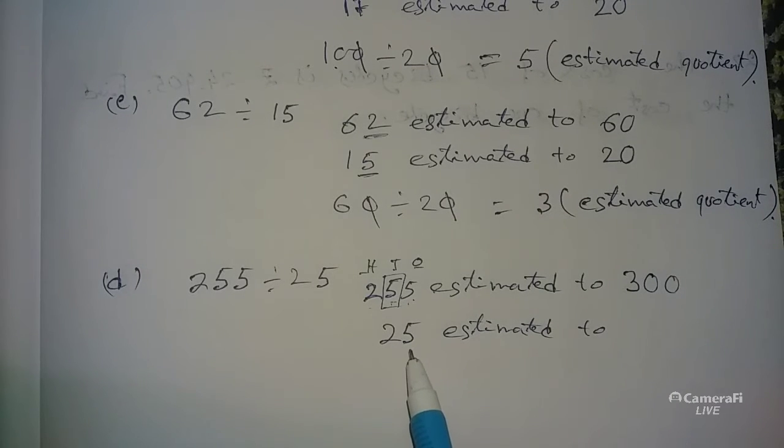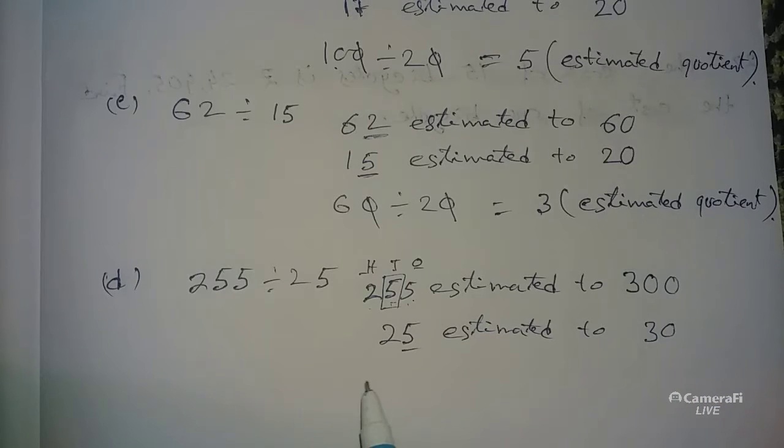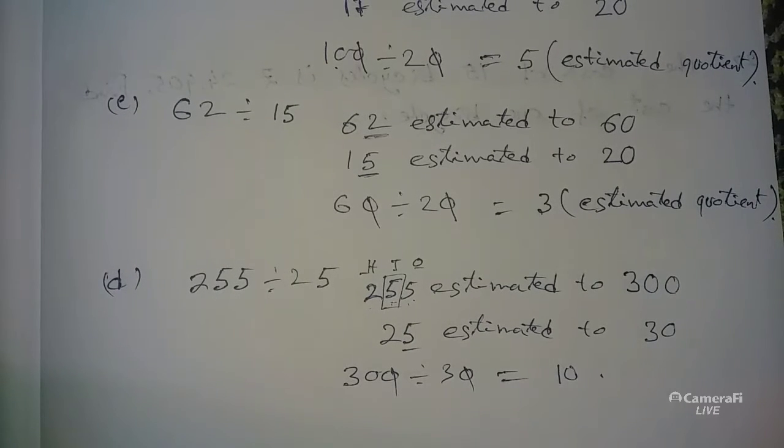See the next place after the highest place, that is 1 place, exactly 5. So 25 becomes 30. So the division problem becomes 300 divided by 30. Cut down the 0, 0. 30 divided by 3, 3 tens are 30. So this becomes the estimated quotient.